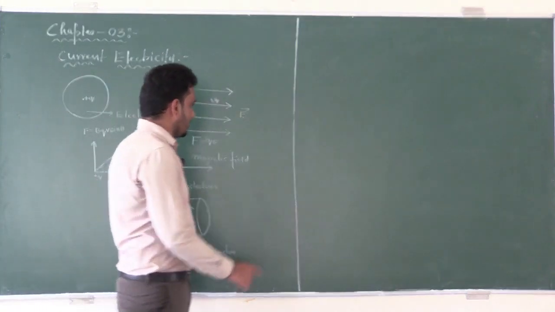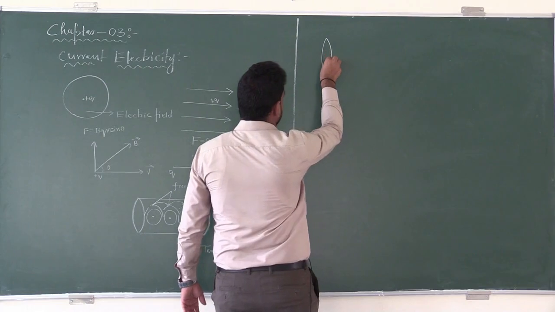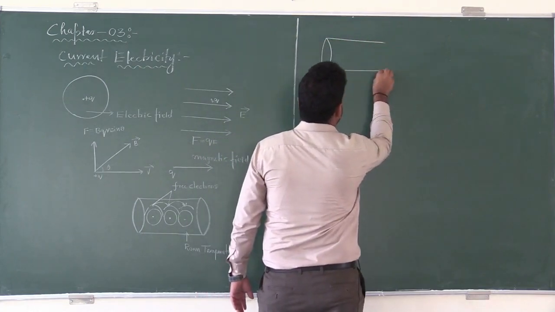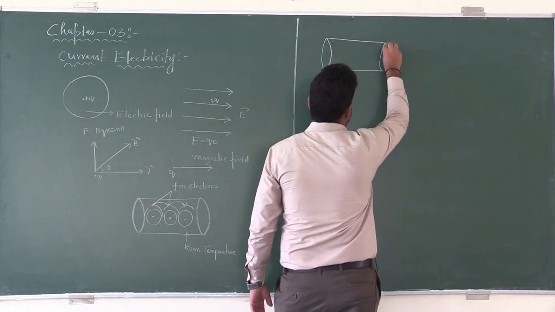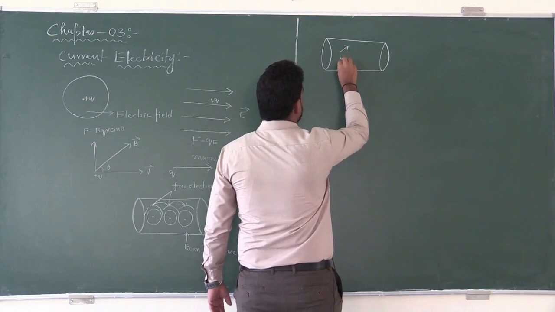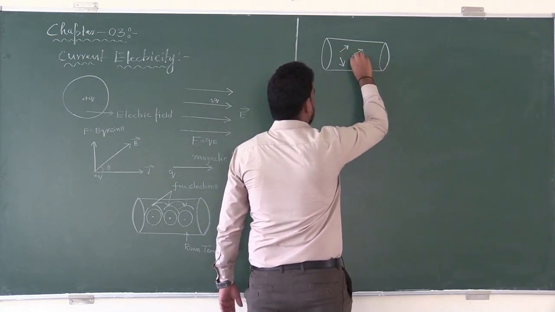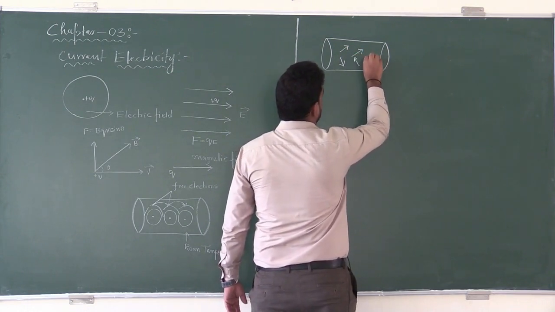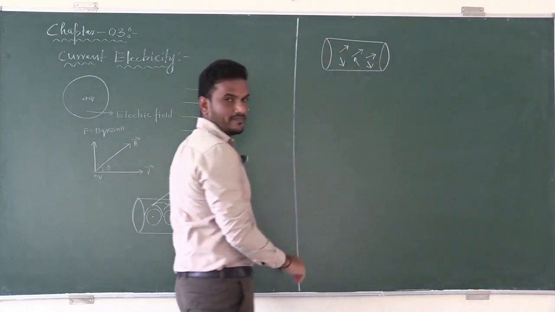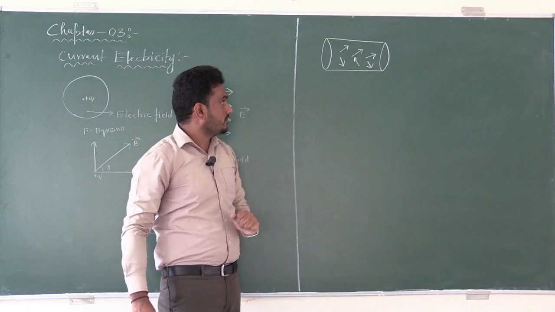I'll draw one more diagram. Metallic conductor. So they start moving like this in an irregular manner, not in a particular direction. In this way they are moving in random motion.